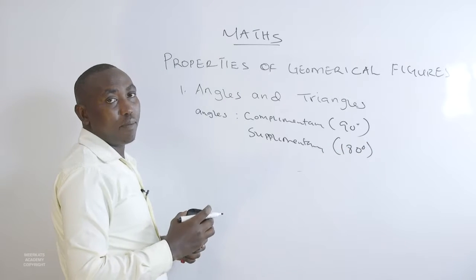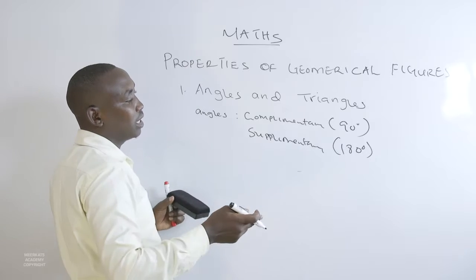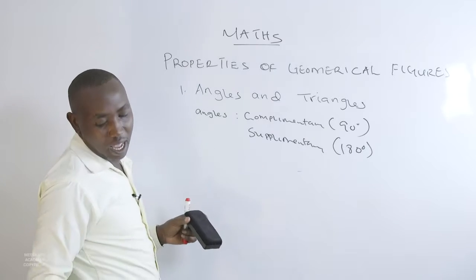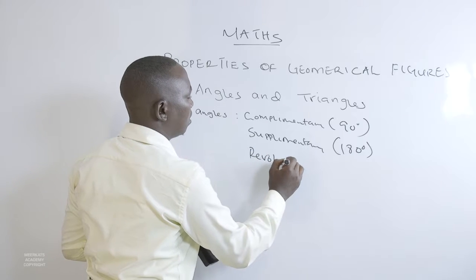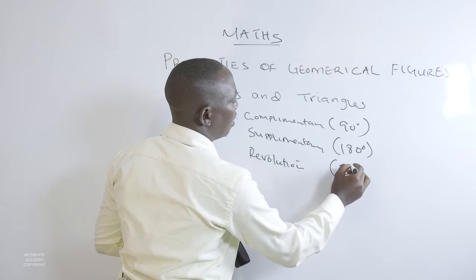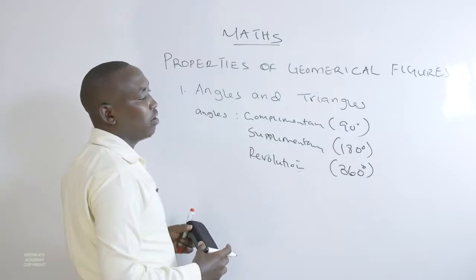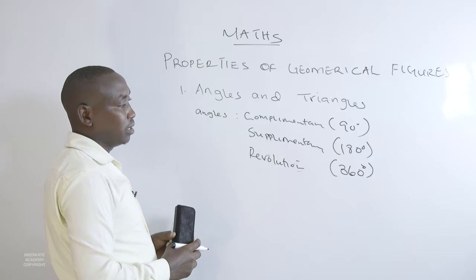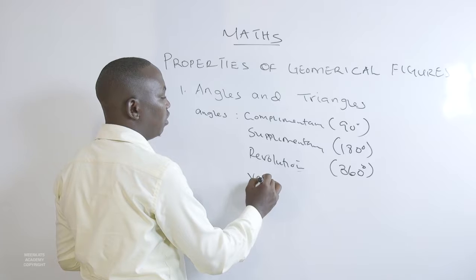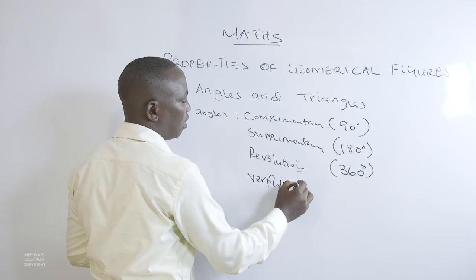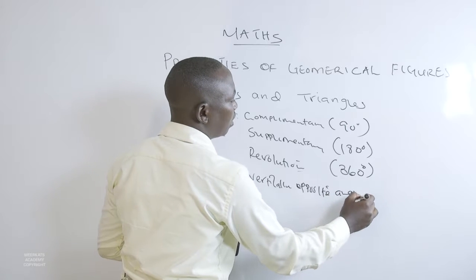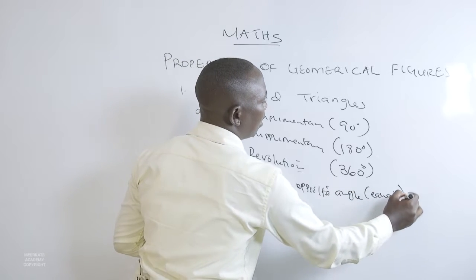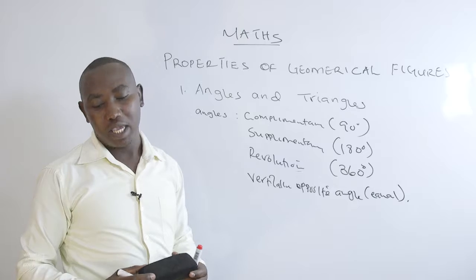We have looked at angles at a point, that is a revolution, and we have said all the angles add up to 360 degrees. And then finally, we have looked at vertically opposite angles, which we have said are equal in nature.